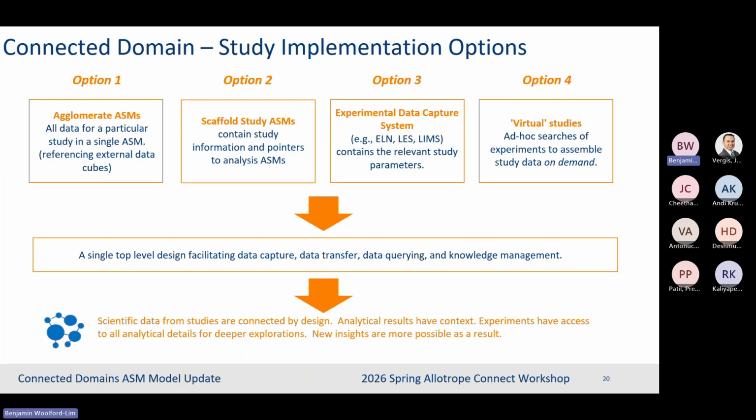And then your scientific data from studies are now connected by design, right? The analytical results have context, and the experiments have access to the details of the analytical results. And hopefully then new insights are a lot easier to find.